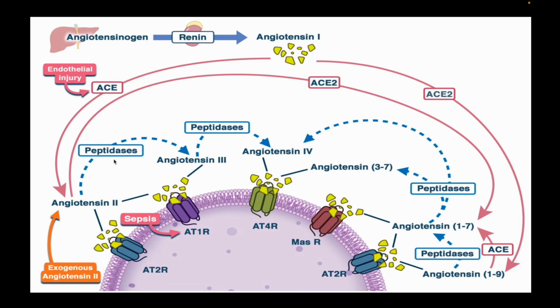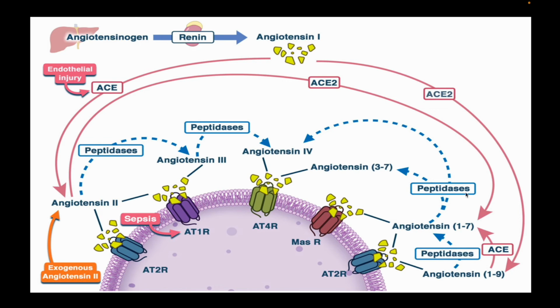So what happens is once we give the angiotensin 2, the angiotensin 2 will directly act on the receptors and produce the vasoconstriction, thereby bypassing the need of ACE, and also because its concentration is increased, it is able to overcome the inhibition that is produced by sepsis in the AT1R receptor.